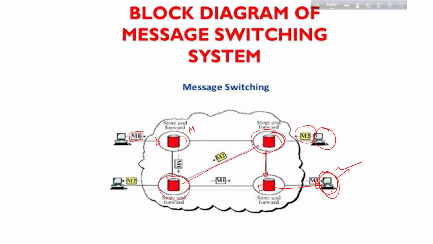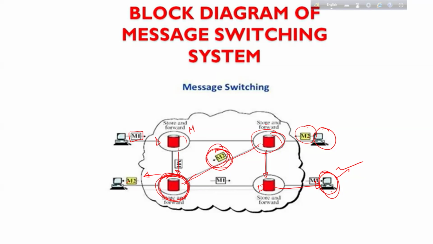When this router is receiving M1, it will receive and store M1 only. Then after it passes M1 and becomes free, it will receive M2. So in between that time, M2 needs to wait.